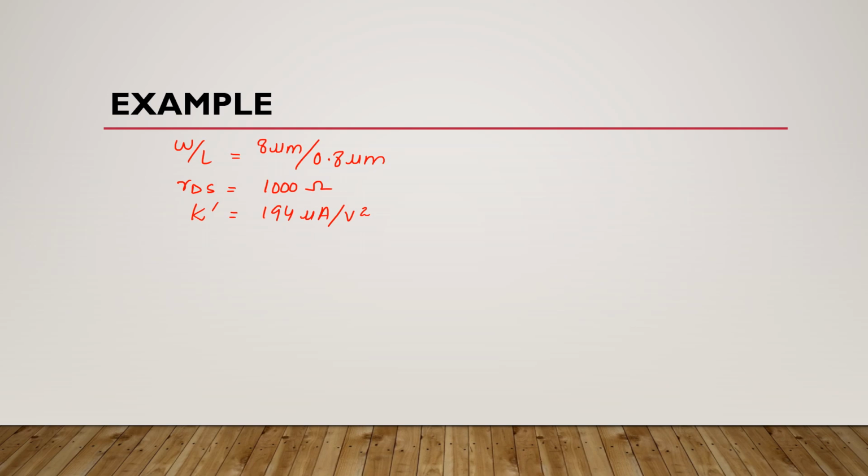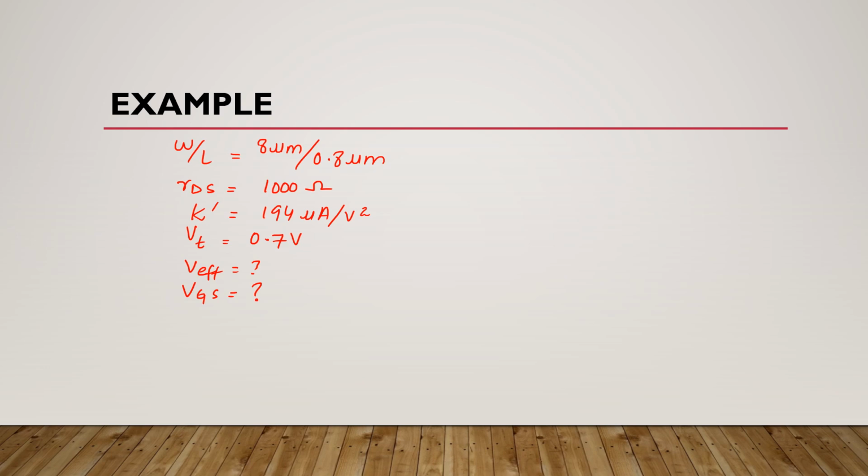And here threshold voltage is 0.7 volts. Now if you want to find the value of effective voltage and gate to source voltage, so how you are going to find these unknown values?